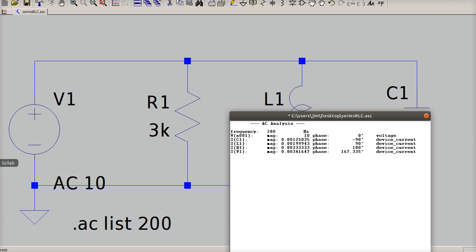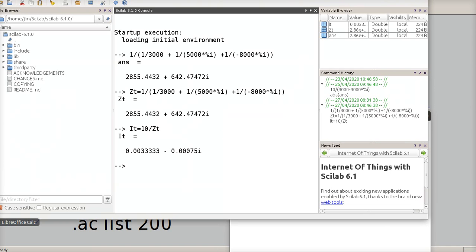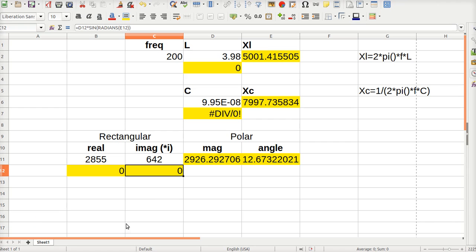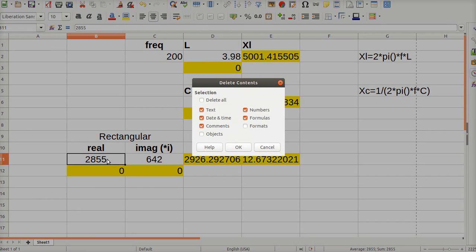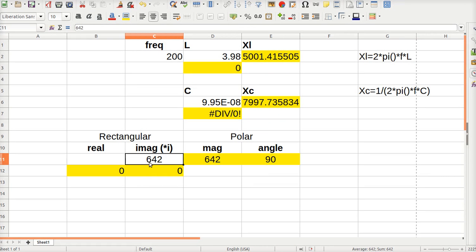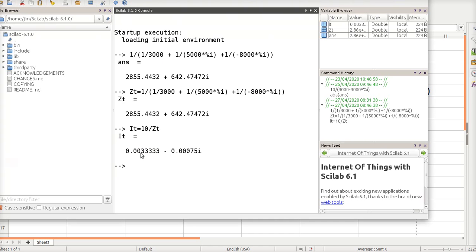So if we go back to Scilab and my spreadsheet, now I've got the rectangular and I want to make it polar. Okay, I'm going to delete those. 0.0033 and minus 0.00075. Okay.